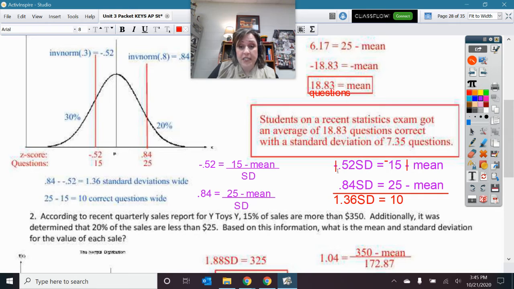Now, look, I showed it in a different color, and I'm going to use the elimination method. I can easily eliminate the mean if I switch the signs of the items in the top row. Then I combine them together, and that's 1.36 standard deviations equals 10.